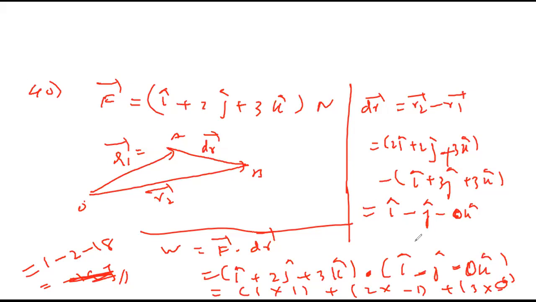(41) i plus 2j plus 3k displaces from A to B. A is i plus 3 and B is 2i plus 2j plus 3k. Then what is the work done? Option... 1 plus 2 plus 3. 5, 3.